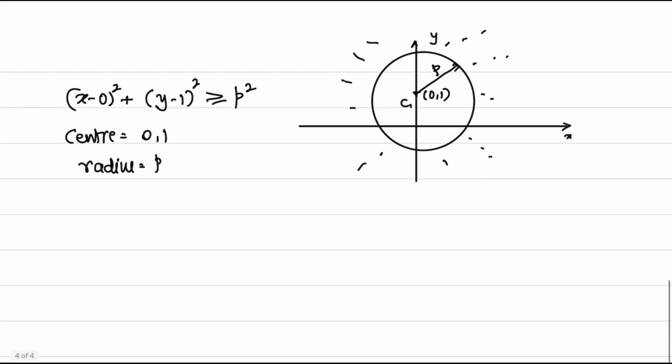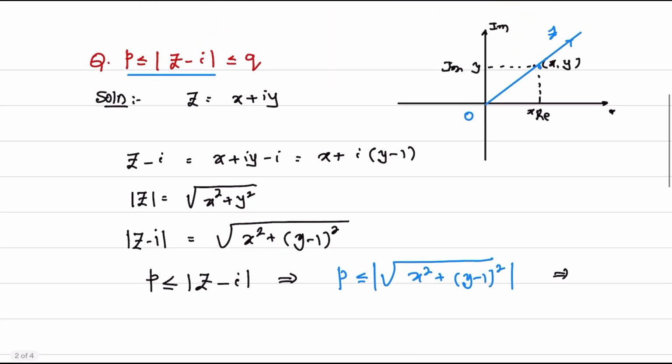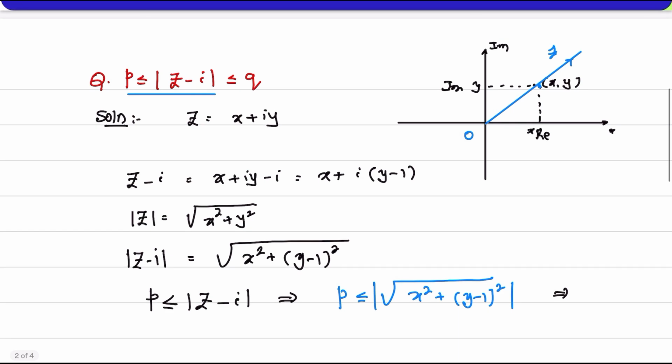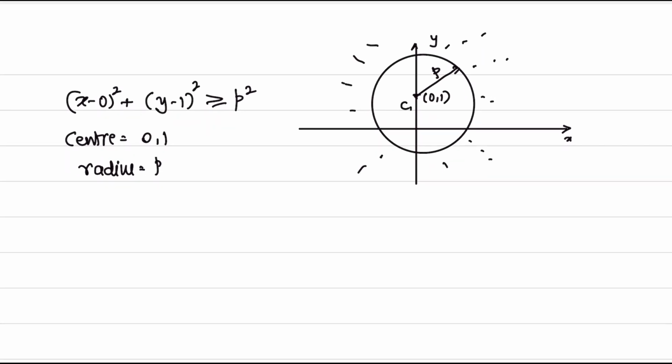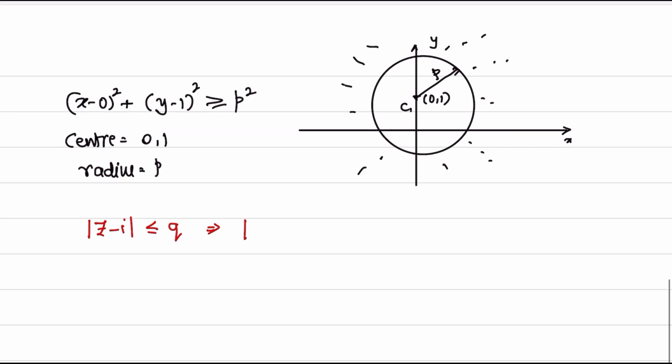Now, the next portion. What is the next portion in the equation? Modulus of z minus i is less than or equal to q. What does that imply? Modulus of x plus i into y minus 1 is less than or equal to q.